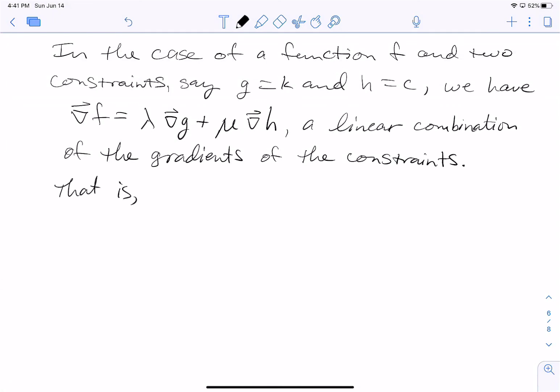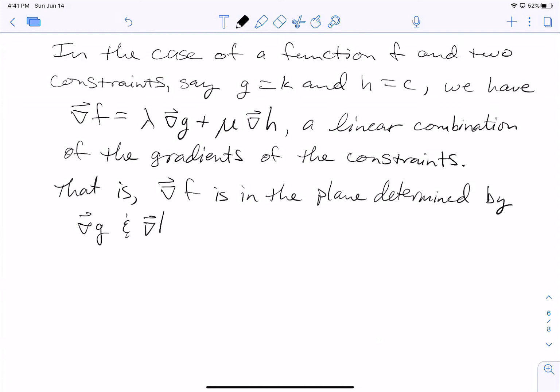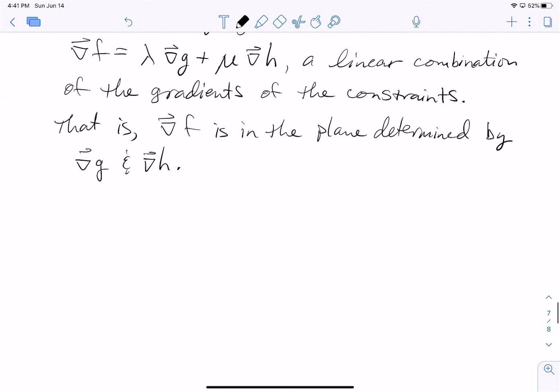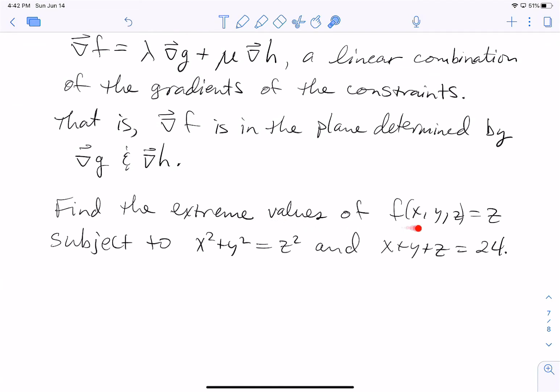That is to say, del f is in the plane determined by del g and del h. With that in mind, we're going to find the extreme values of f of x, y, z equals z, subject to x squared plus y squared equals z squared, and x plus y plus z equals 24 simultaneously.